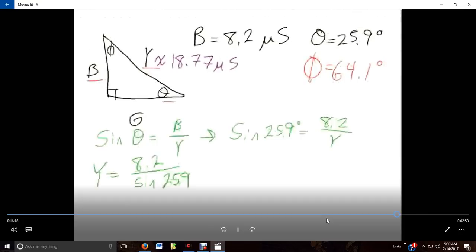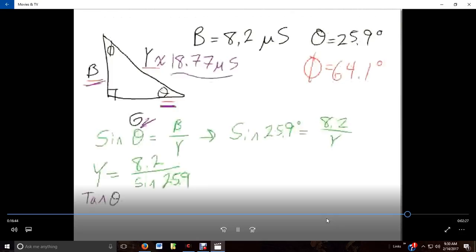However, I would be basing my answer on this approximated answer, and I don't like to do that. So what I'm going to do instead is find a trig function that is based on theta and B and G. And that trig function would be tangent.